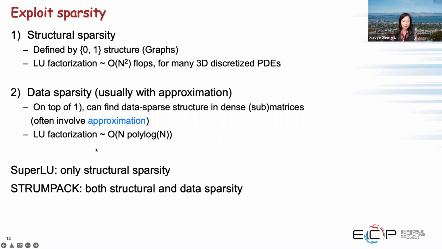Depending on the applications and the matrices, very often you can knock down the complexity of LU from n squared to nearly order n with some polylog factor there, okay? And in SuperLU, we only do structural sparsity. In STRUMPACK, we have both the structural and the data sparsity.